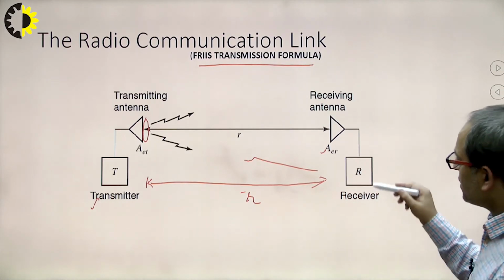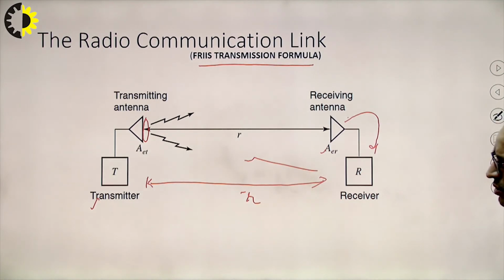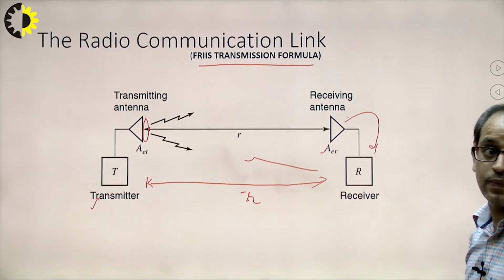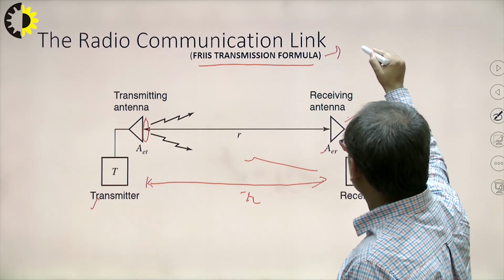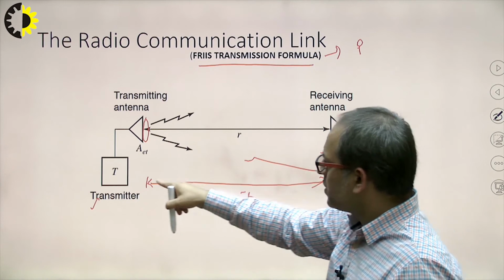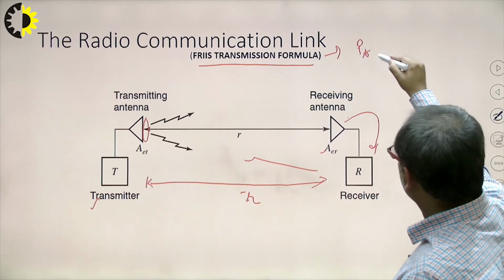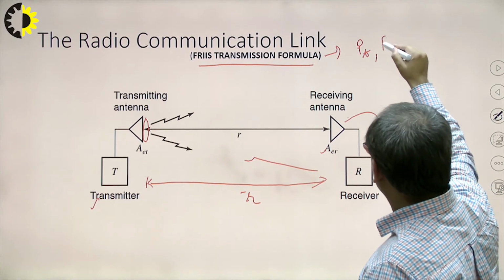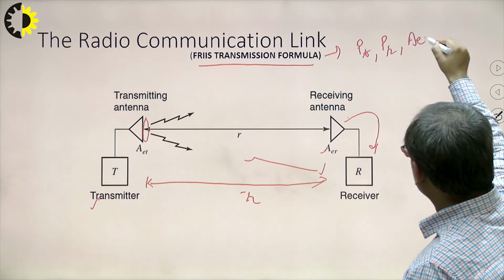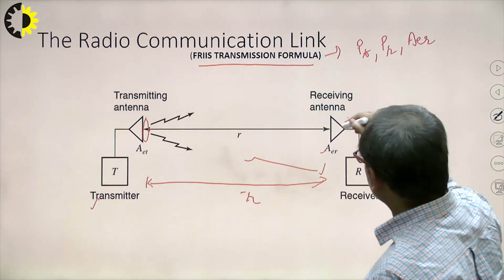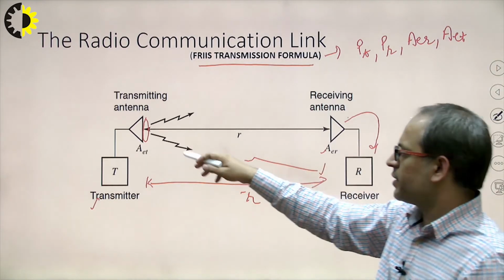Clear? And this antenna is connected to its load or the receiver. So the Friis transmission formula defines the relationship between the power transmitted by the antenna, the power received by the antenna, and the effective aperture areas of the receiving and transmitting antennas.